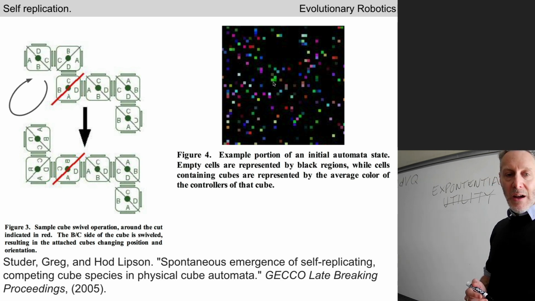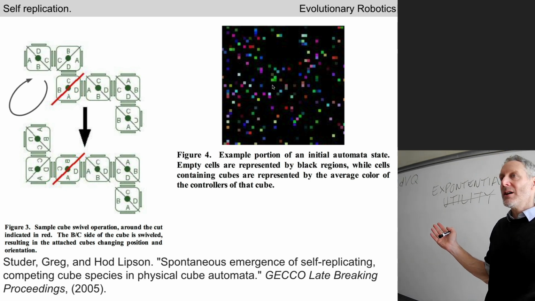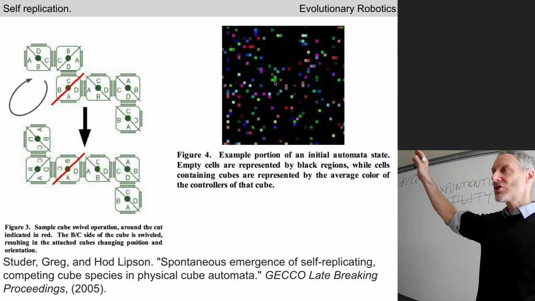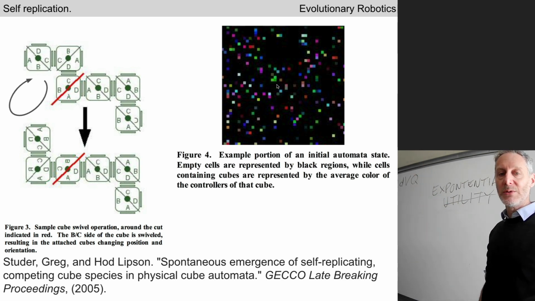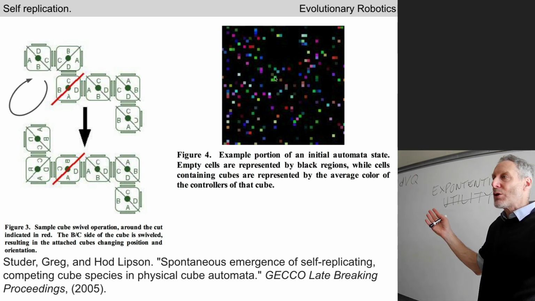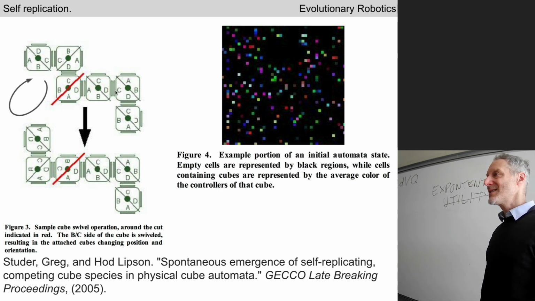Over here, there's 1, 2, 3 cubes that just happen to be sitting next to one another. Imagine this is the first time step of the simulation. We've just placed a bunch of these cubes at random locations, and it just happens that there are 3 sitting next to one another. Remember that they have magnetized sides, so they are attached together.